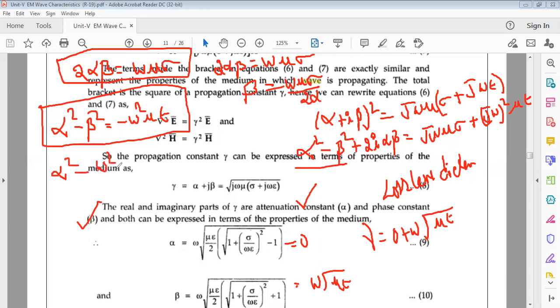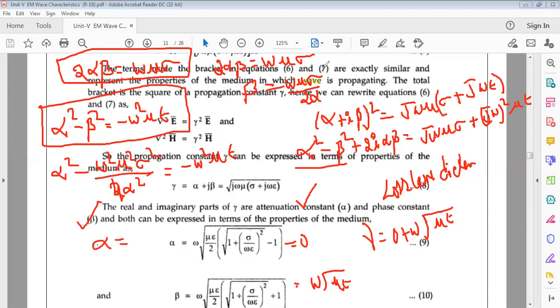What is the beta square? Omega square mu square sigma square by 4 alpha square is equal to minus omega square mu epsilon. Now we have this equation having only alpha. Got it, my dear friends? So simplify this equation to get the alpha.